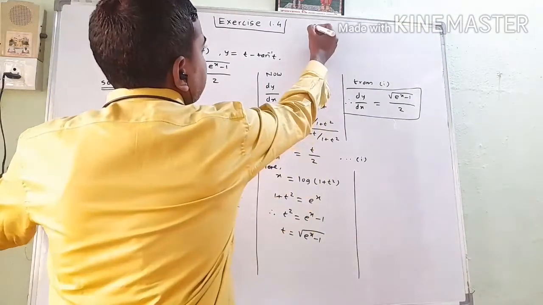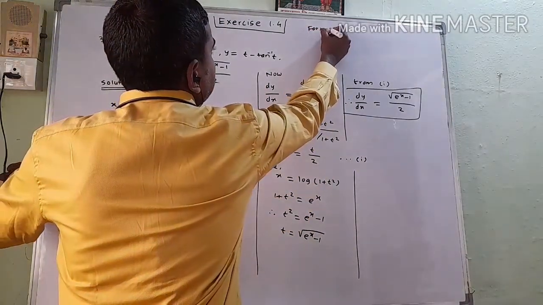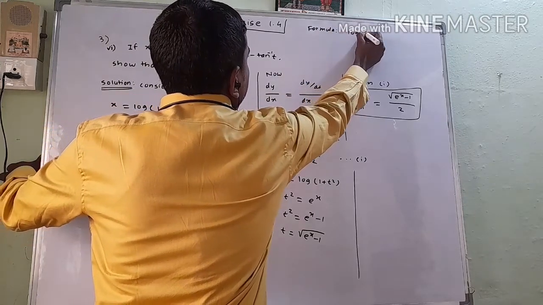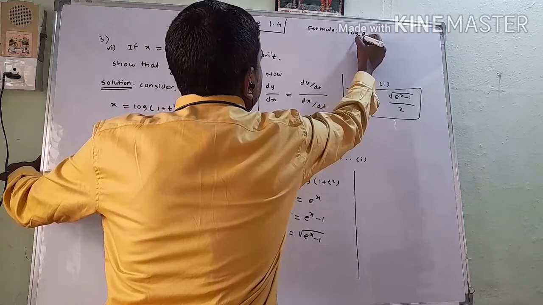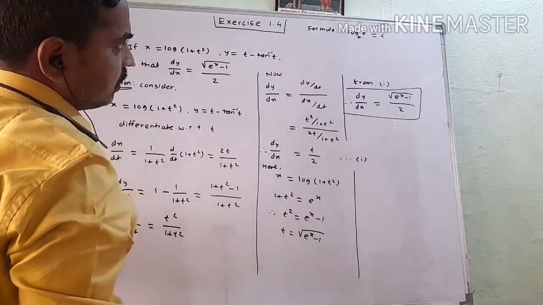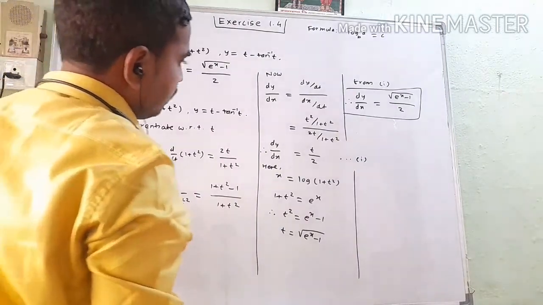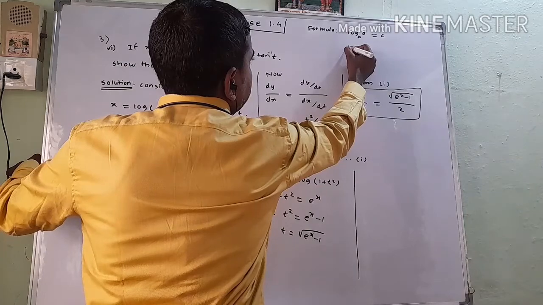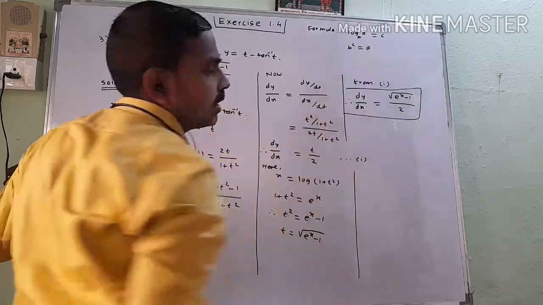Here mainly in this solution we have to use the relation that if log of a to the base b equals c, then we write this as b raised to c equals a.